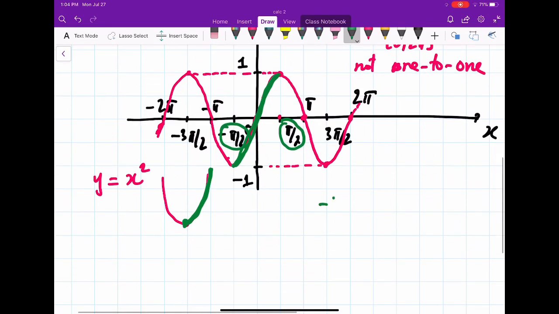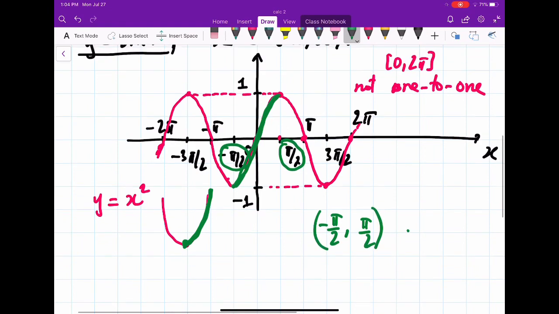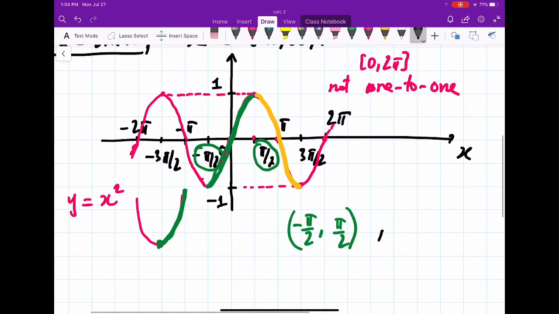I can choose negative pi over 2 to pi over 2. Or I can choose from pi over 2 to 3 pi over 2, right? Or you might choose this part.